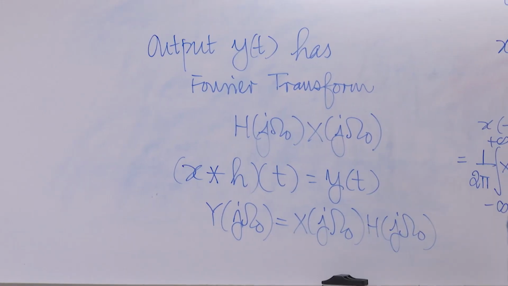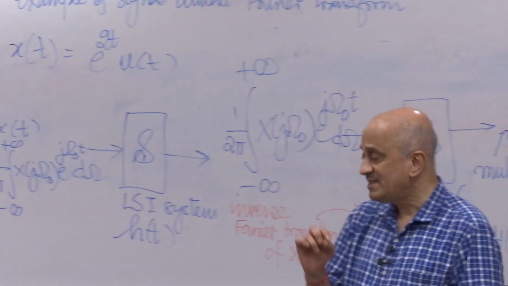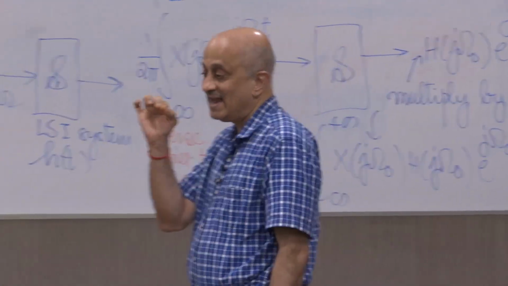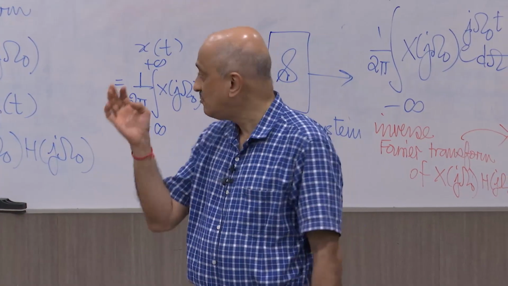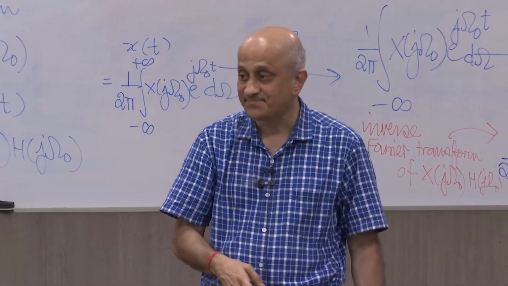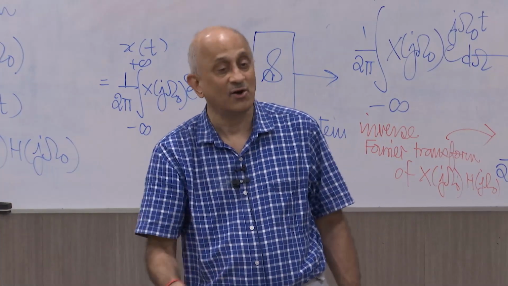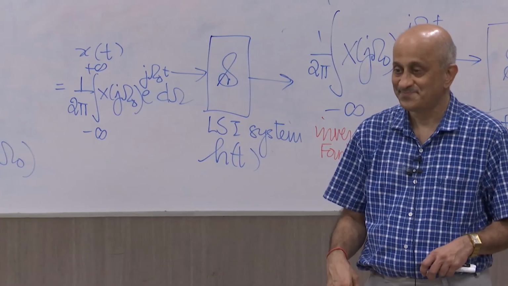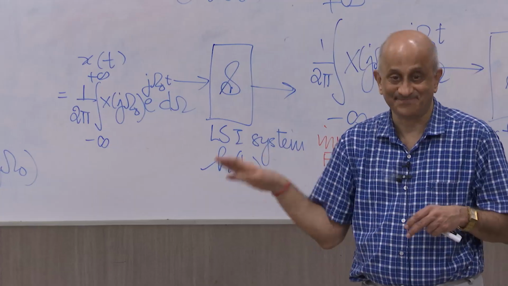In fact, let us take a minute to appreciate what we are saying here. The component of the output along the angular frequency omega naught is equal to the component of the input along angular frequency omega naught multiplied by the component of the impulse response along the angular frequency omega naught. So, it is a component wise decoupling.